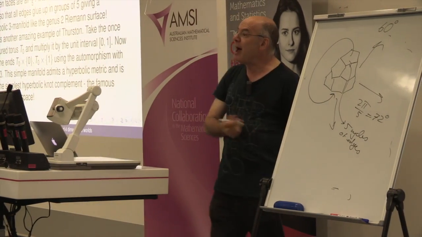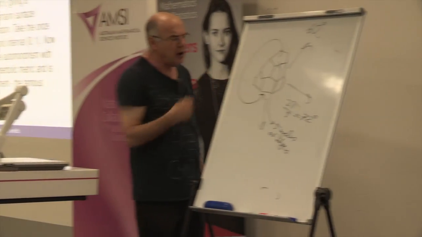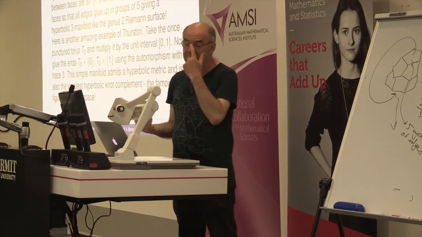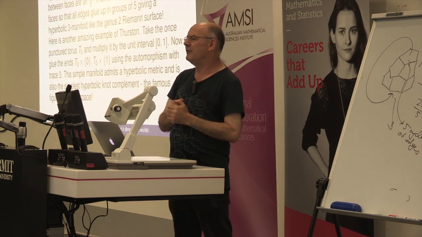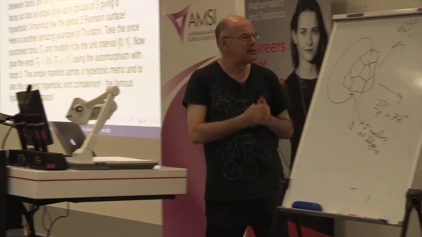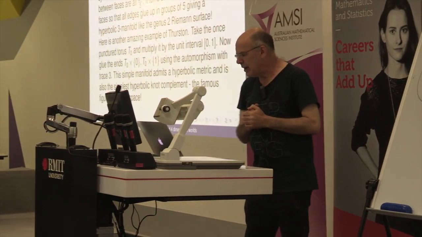And so the same argument then tells us that the geometry of this glued up thing is hyperbolic. So this was the first example of a closed hyperbolic 3-manifold. This is the famous dodecahedral space of Weber and Seifert. So sort of an amazing example.